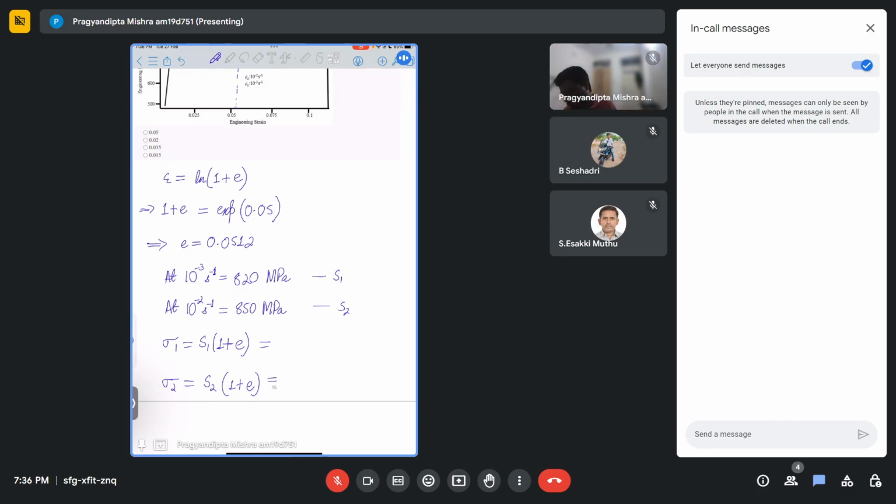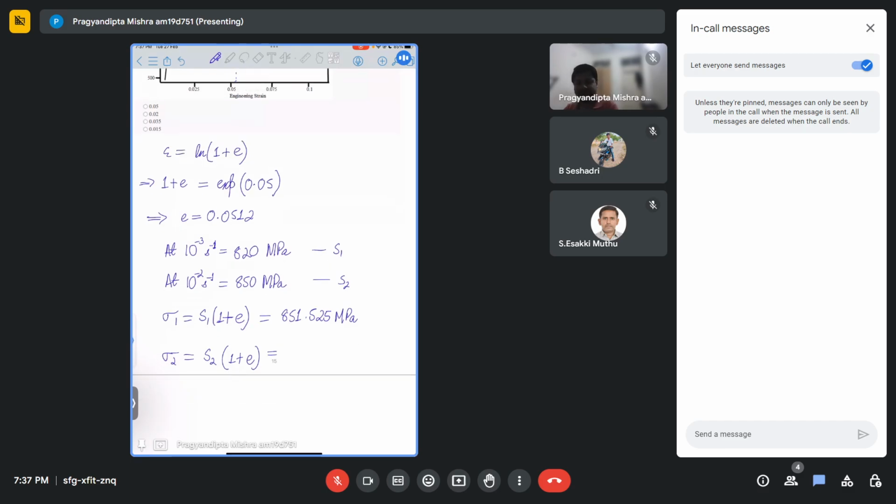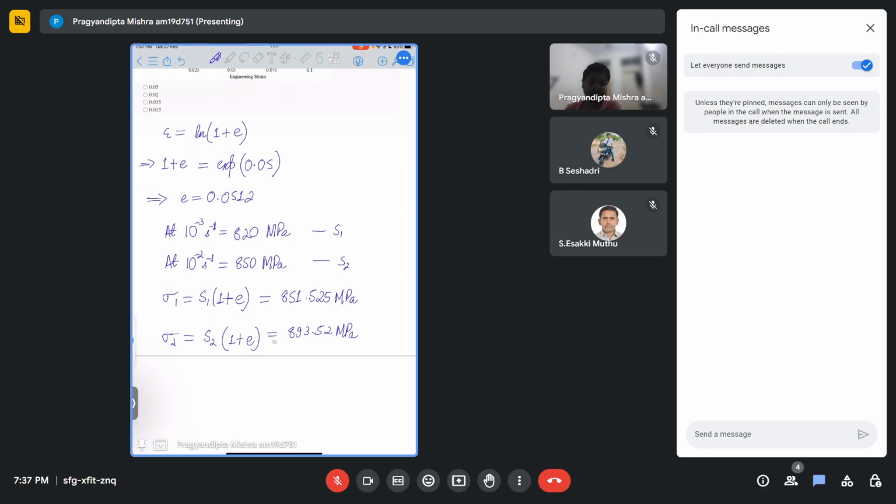So sigma 1 is equal to 851.525. Sigma 2 is 893.52. So now we have the true stress values.